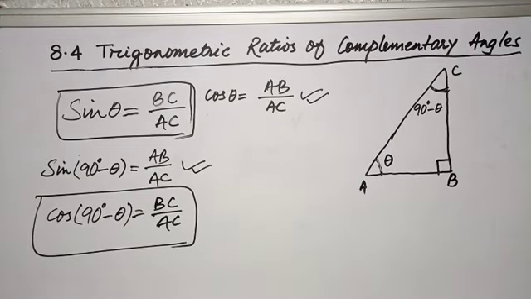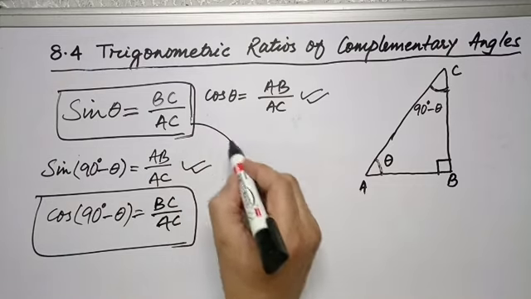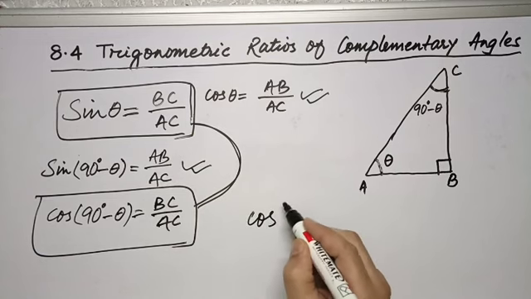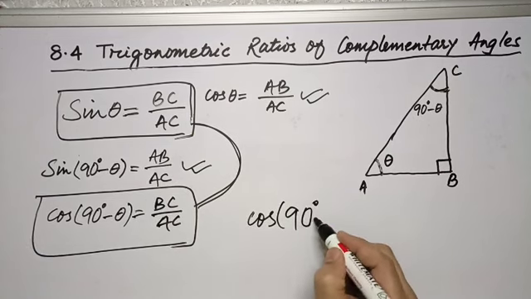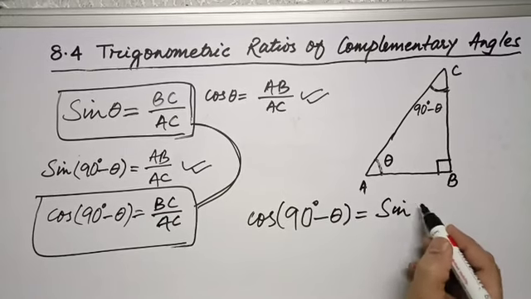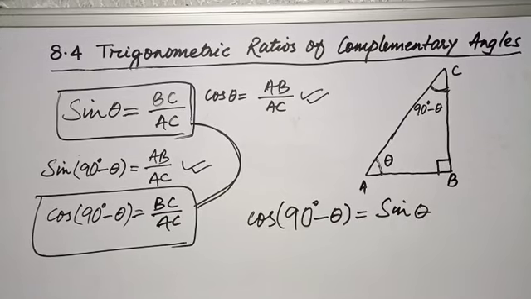If something is equal to the right hand side and another thing is equal to the same right hand side, then we can say the left hand sides are equal. What I mean to say is, we can say from these two that cos 90 degree minus theta is equal to sine theta.